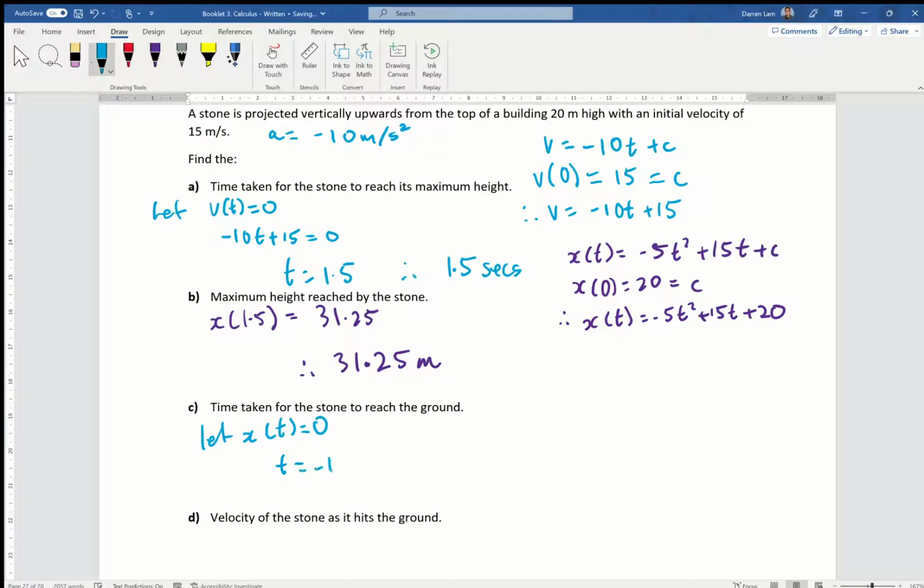Solving that gives you -1 or 4. Of course, to get full marks, you need to exclude it: t is greater than or equal to 0. Therefore, t equals 4 seconds.